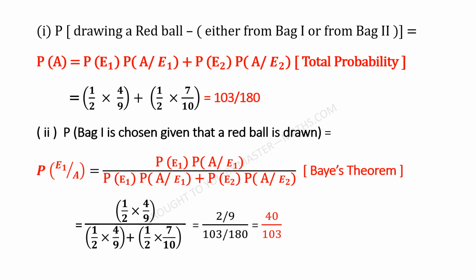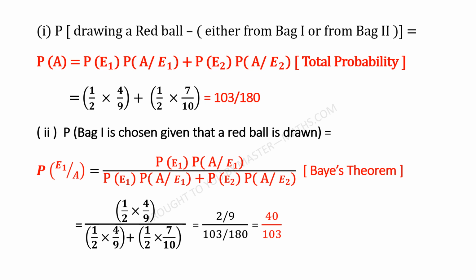So, that is called total probability. P of A is equal to P of E1 into P of A given E1 plus P of E2 into P of A given E2. Either choose bag 1 and choose a red ball, or choose bag 2 and choose a red ball. You substitute the values already found and you will get P of A is equal to 103 by 180.